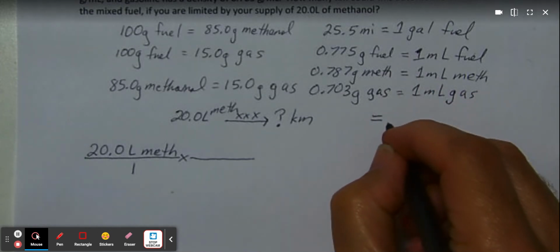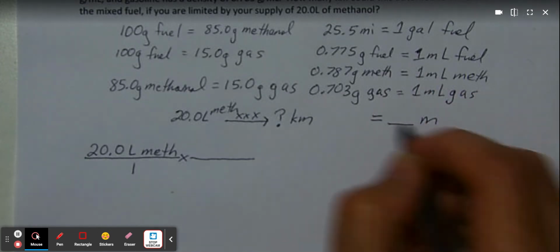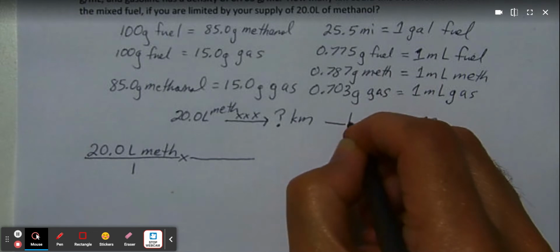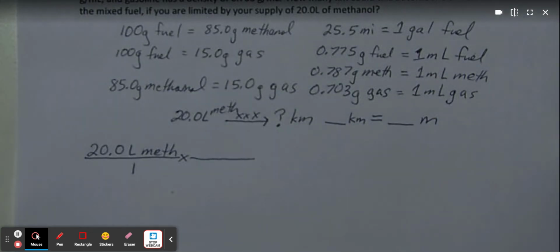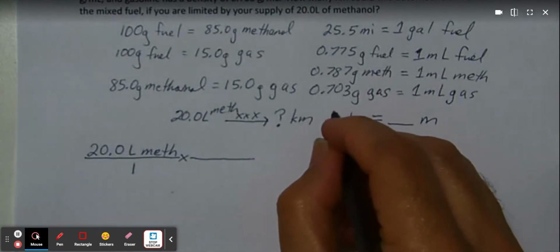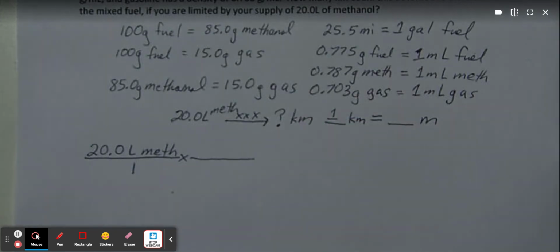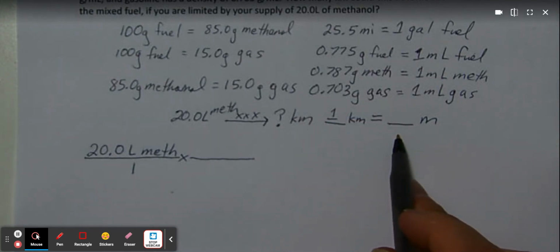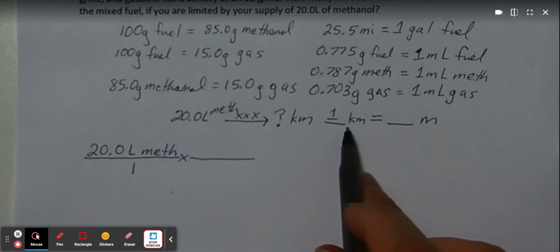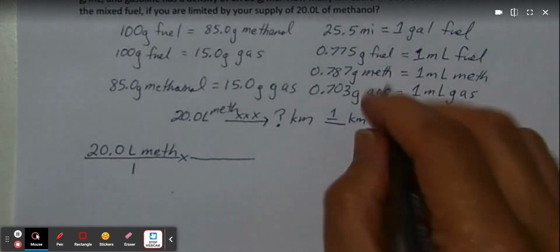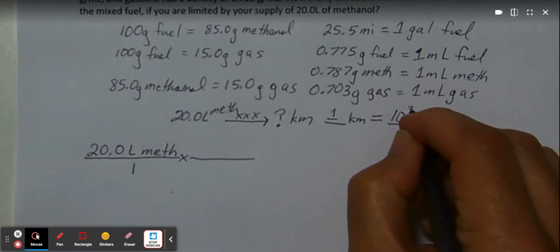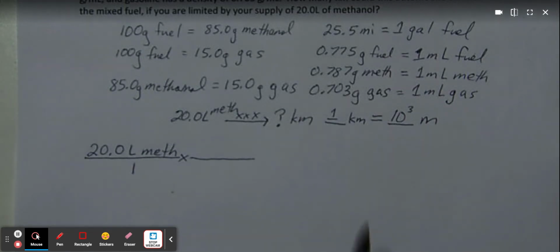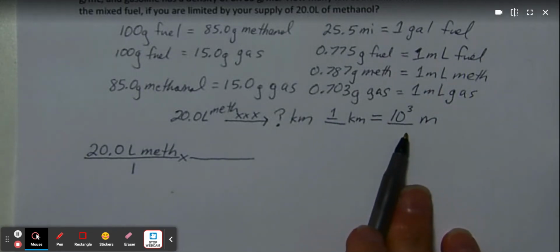So I set up meters and kilometers. I always put the 1 with kilometers, and then the base unit gets the prefix multiplier. So I need to know the prefix multiplier for kilo. That is 1,000 or 10 to the third. So 1 kilometer is equal to 10 to the third meters.